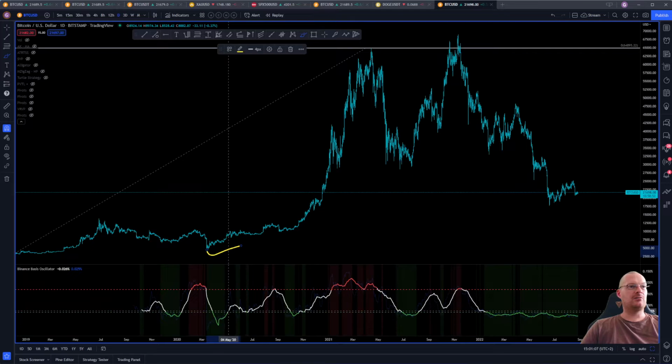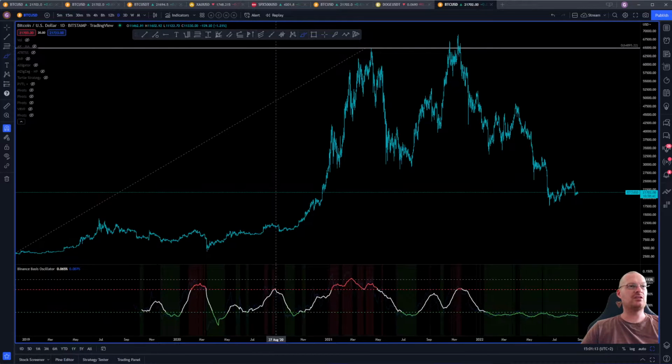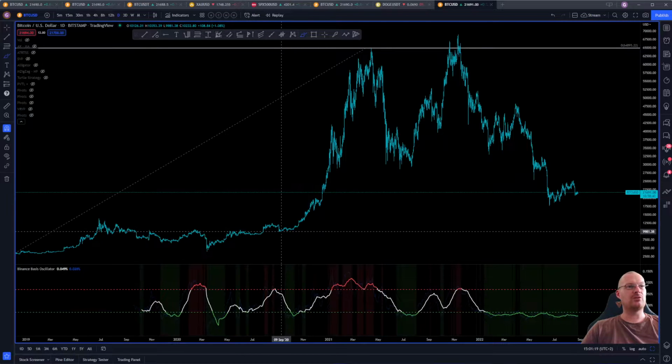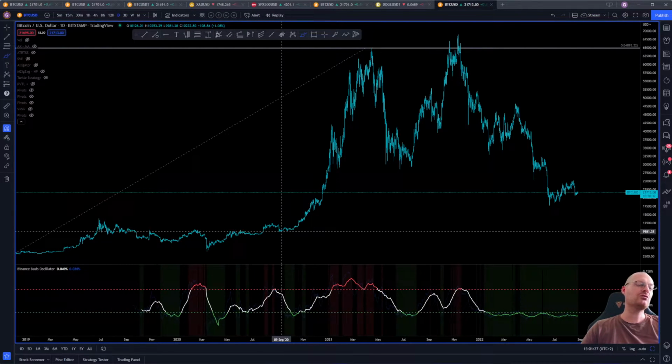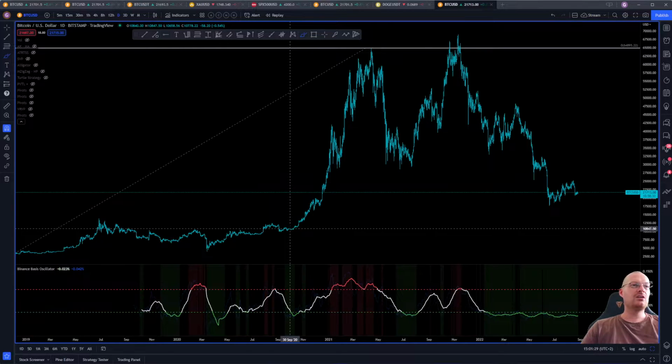And then we come out of the green zone, and we're slightly going upwards. Then here we reach a peak again, a little bit in the red. We come down a little bit. Then here we end up in the green, so that's again a buying area. You don't get the lows, but the regions it indicates are really good.